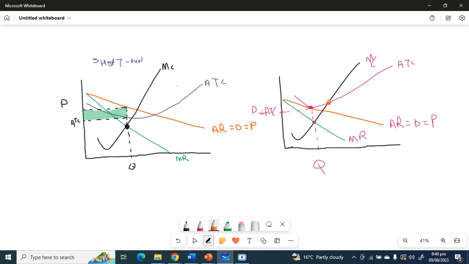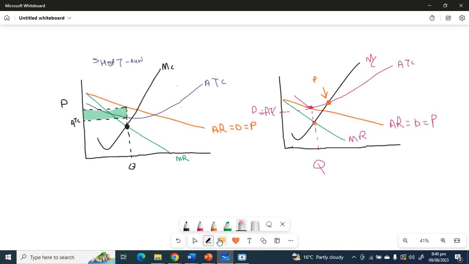So this is the point of productive efficiency. But as we can see, the firm is producing here at this point where marginal cost equals marginal revenue and not here. So in the long run, competitive firms are not productively efficient.